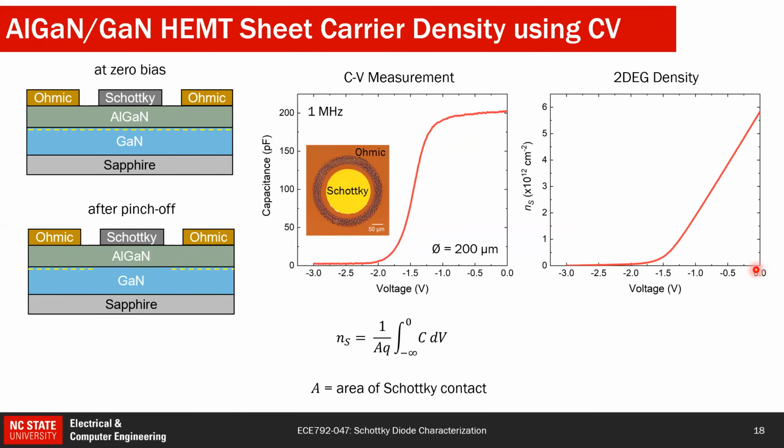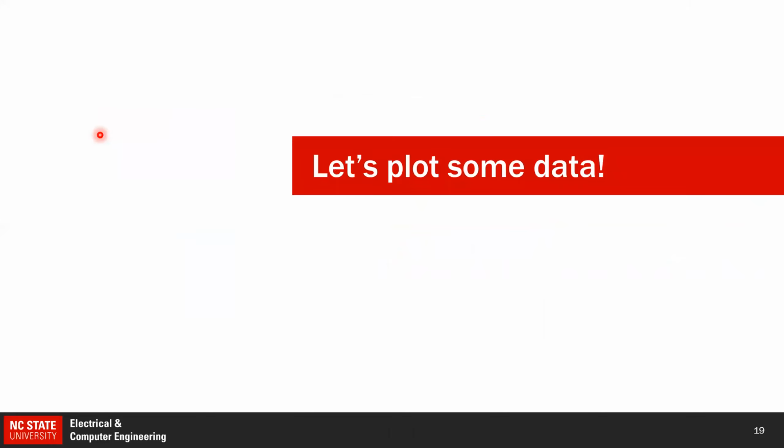And you can see at zero bias now you have around 6 times 10 to the 12 per centimeter square sheet carrier density. So using this method, people report how much sheet carrier density they have in their devices. With that, now we can plot some data, and these were the slides that I had.